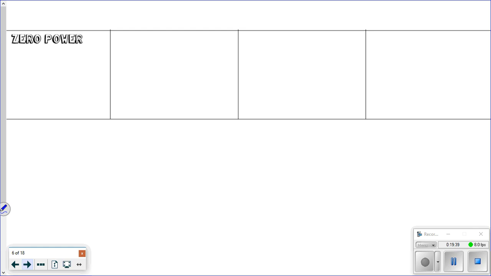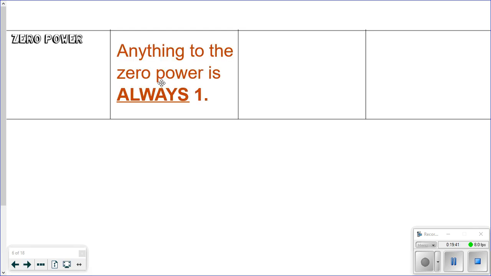So on our note sheet, let's fill that in. Anything to the 0 power is always, always 1. So A to the 0 power equals 1.